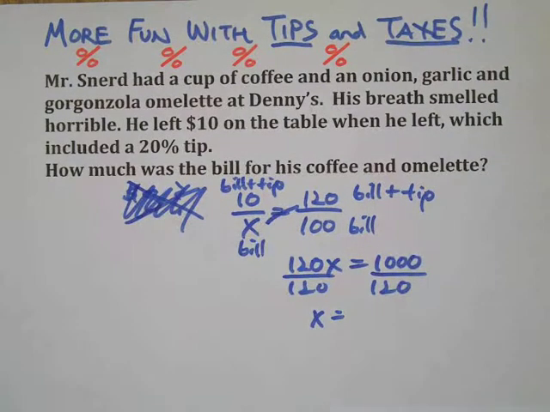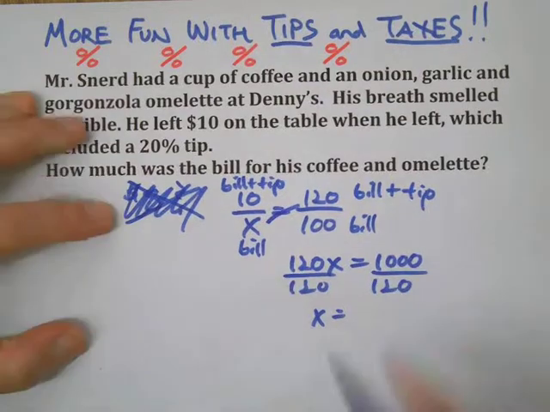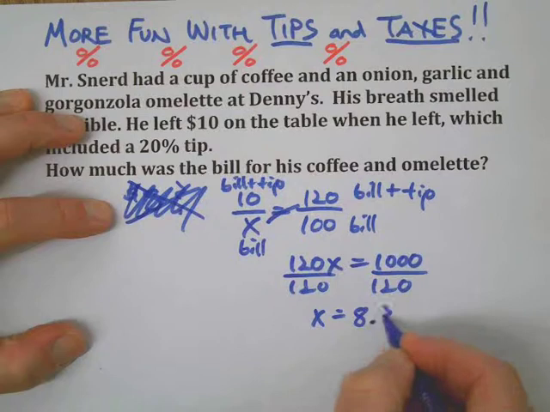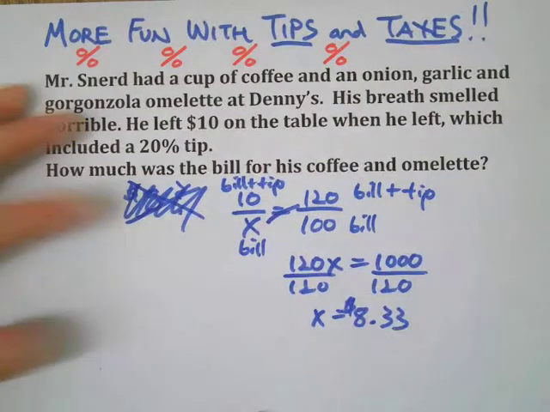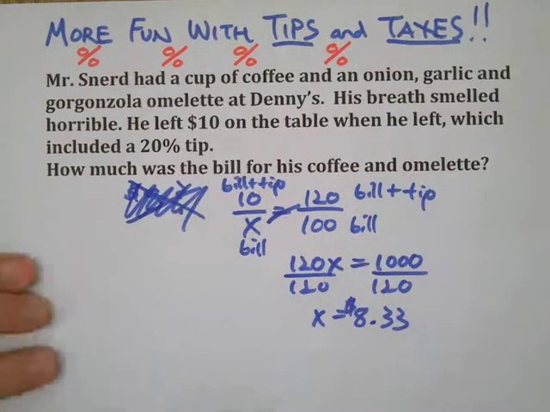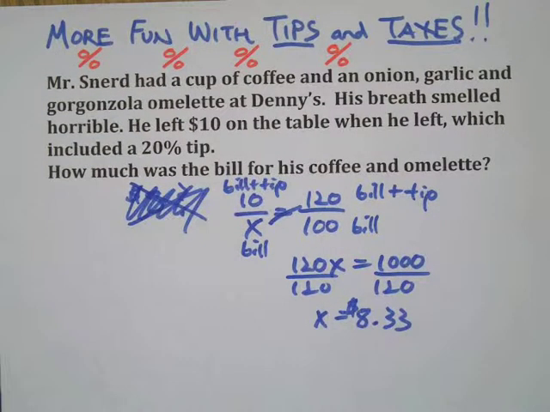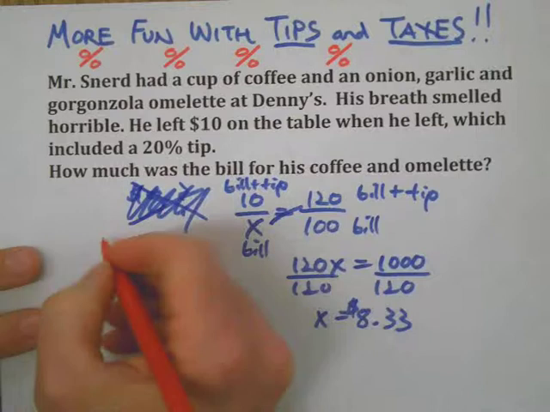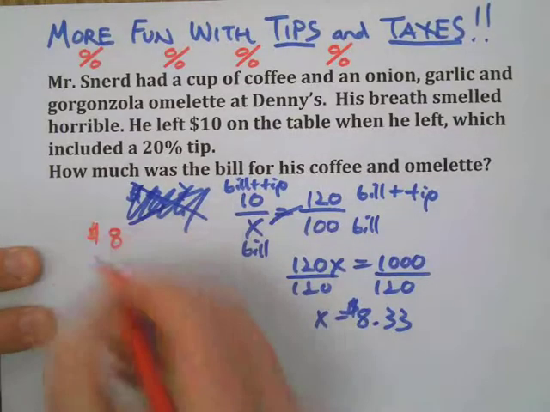I'm going to get out my handy dandy calculator, which is hidden over here. Sorry for the delay. You probably have better things to do. And we get $8.33 was the bill.